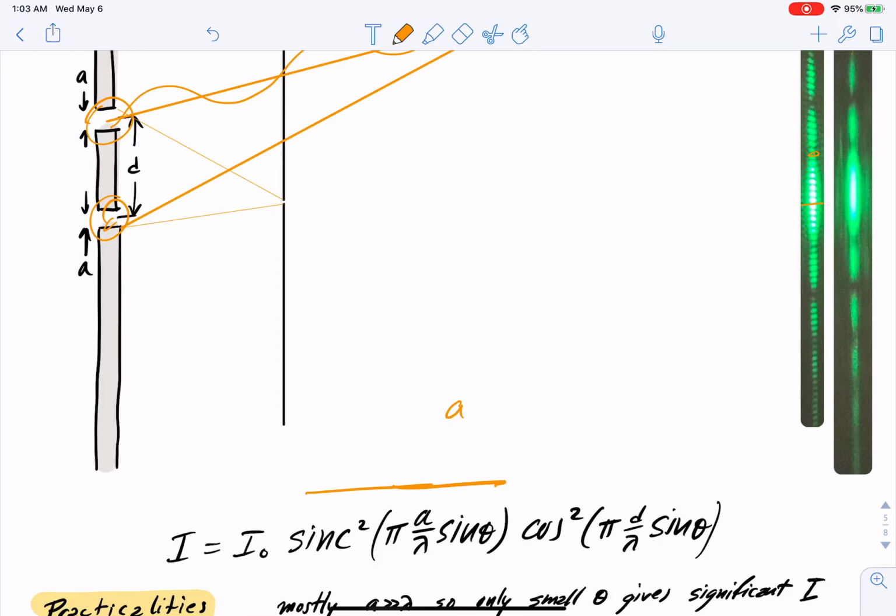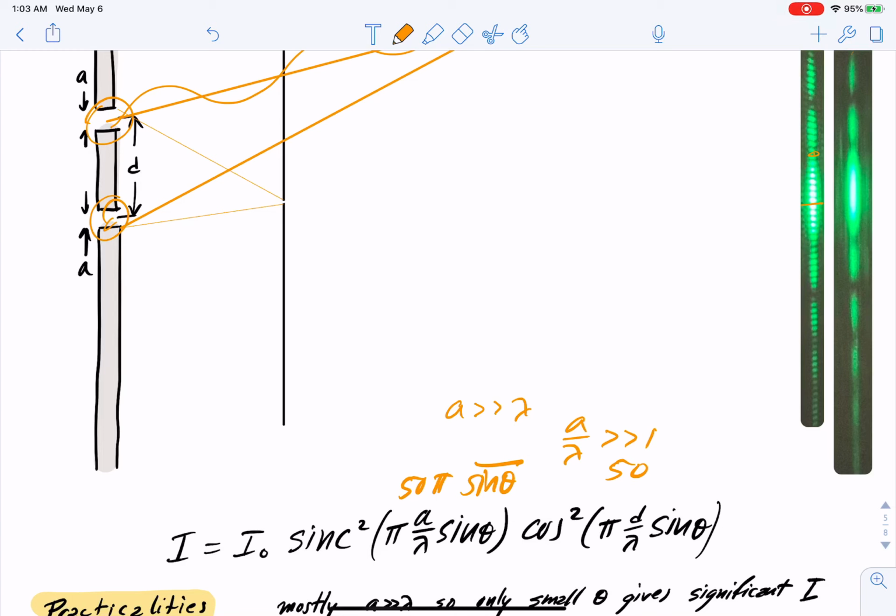So if A is much, much bigger than lambda, then A over lambda is much, much bigger than 1, say maybe 50. So then what this term here is 50 pi times sine theta.